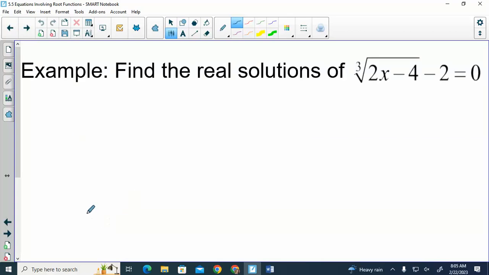So let's say I gave you this problem. All right, we're looking for real solutions only, so we're not dealing with any kind of imaginary thing here. We have to get the radical by itself first. So we have to start by adding this 2 to the other side.